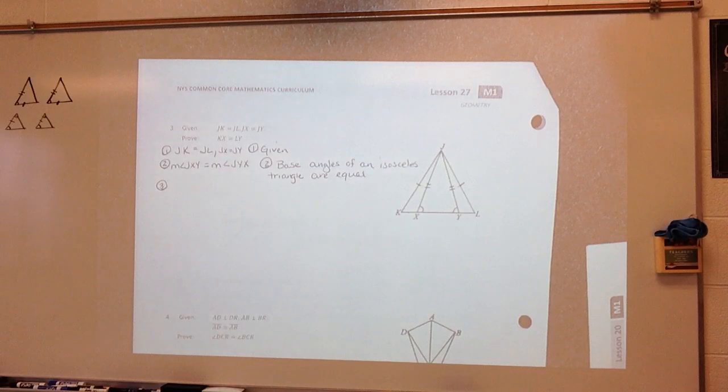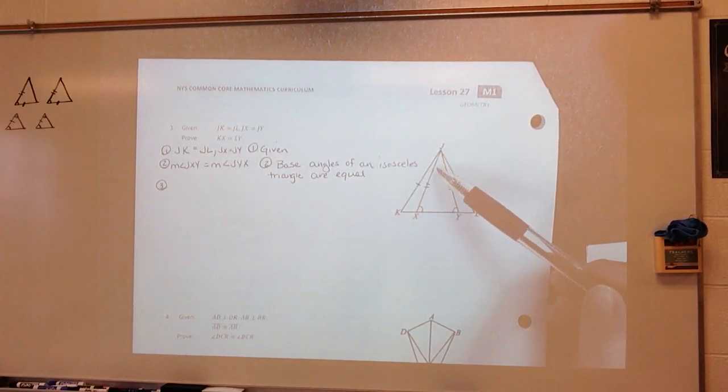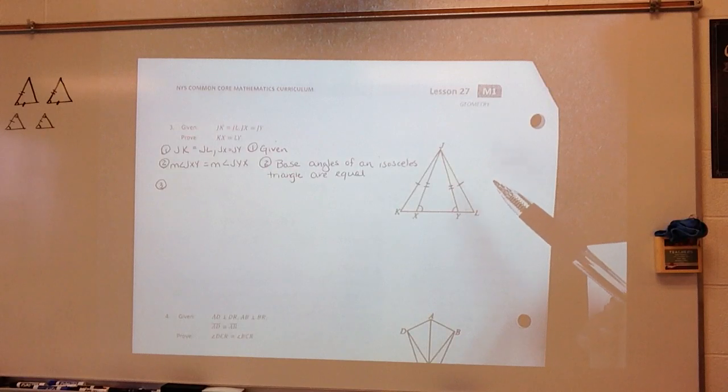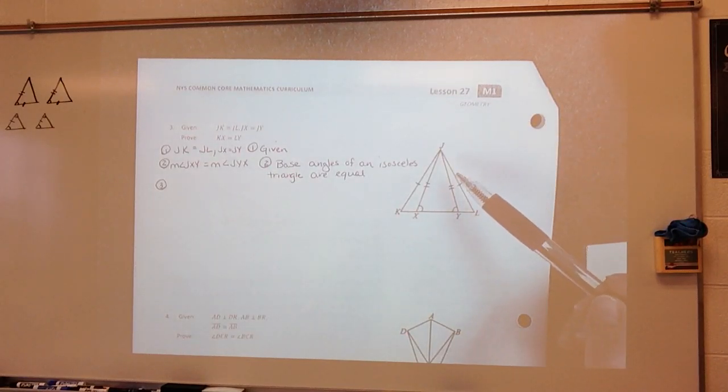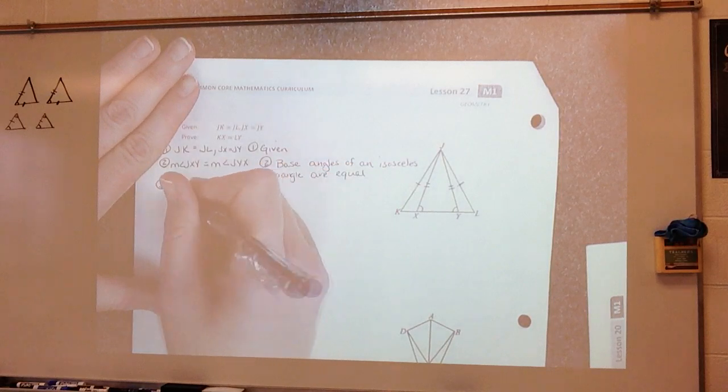So now let's think about this for a second. Where do we go from there? Well, let's look at this. JXK and JXY would equal what? They would equal a linear pair, so they would equal 180 degrees because they're a linear pair. So would JYX and JYL. Alright, so we're going to list that as our next step.